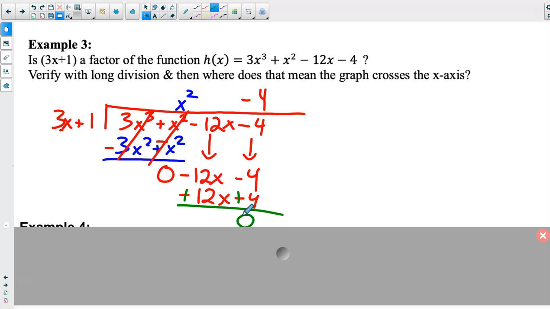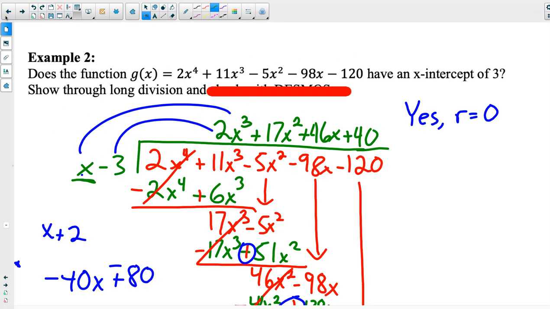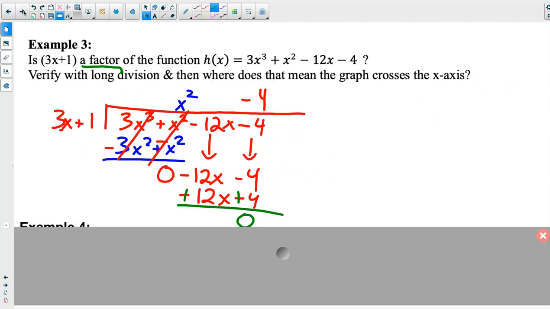Great question, it's in the detail. What's this say? Is 3x plus 1 a factor? Whereas if I look at these back ones, it says x-intercept. Factors go on the outside of long division. X-intercepts do not. That's a really good question.